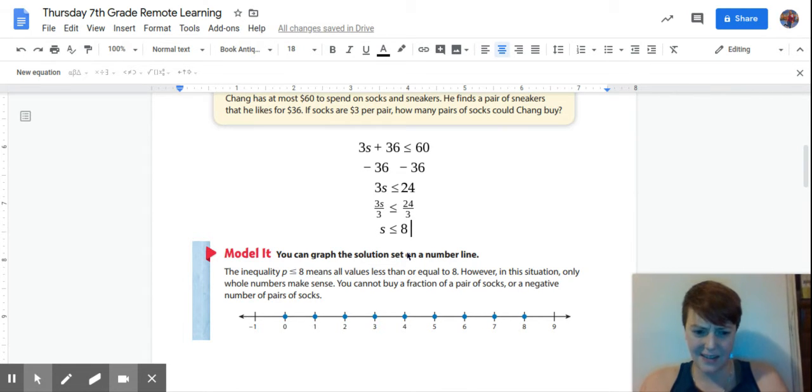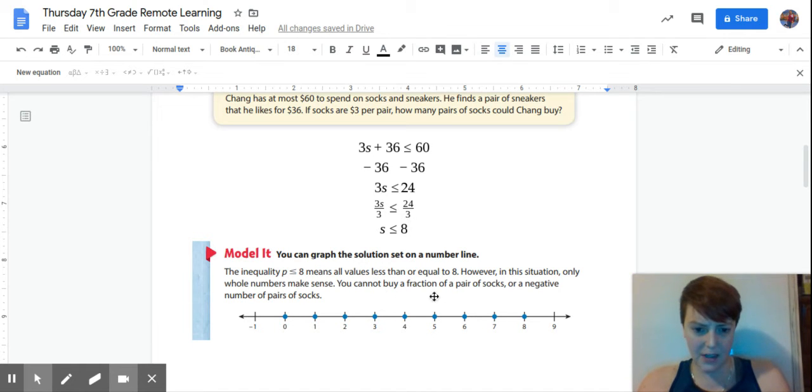No, he couldn't. You can't buy negative pairs of socks. So that's tempering your answer with what actually makes sense in the real world.